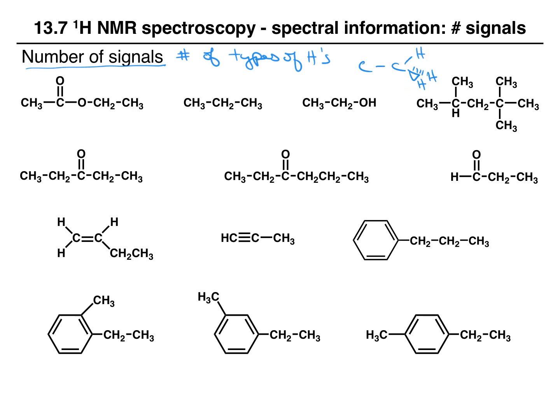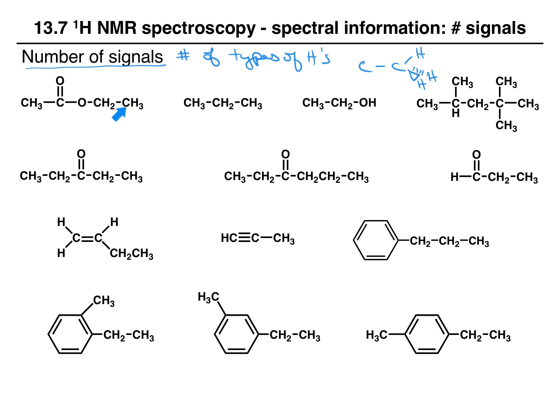For simple compounds, hydrogens connected to the same carbon are equivalent. In this first example, we have a CH3 group here, and we have a CH3 group here. The CH3s are the same, but let's think more about the environment. These hydrogens are connected to a carbon that's connected to a carbonyl.